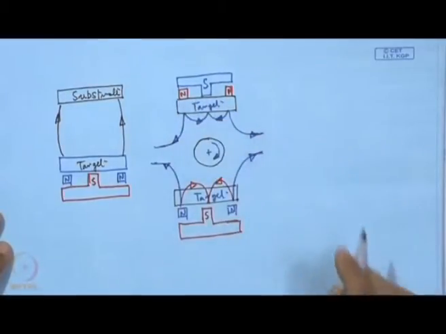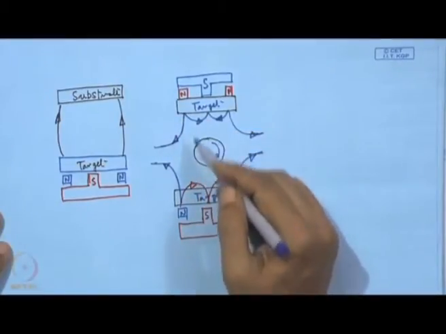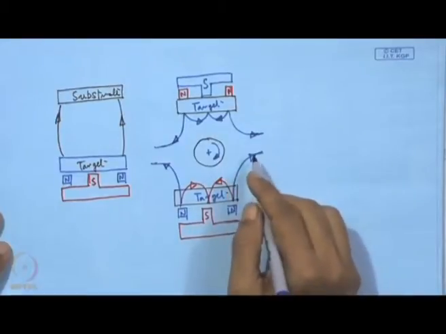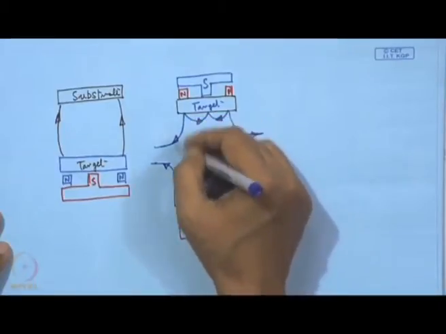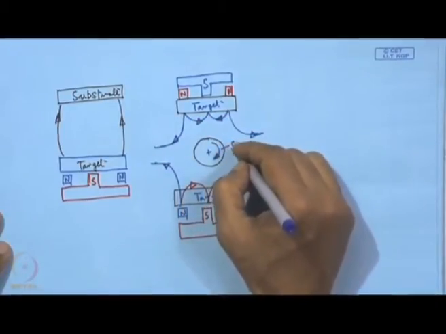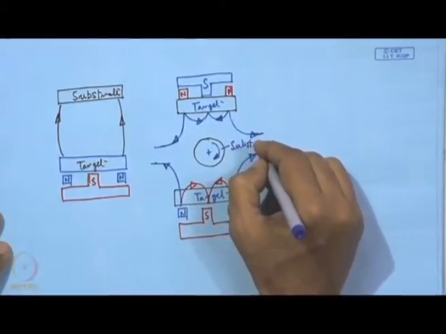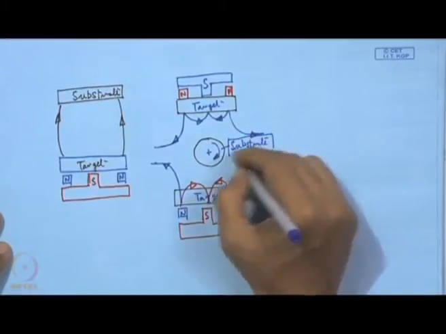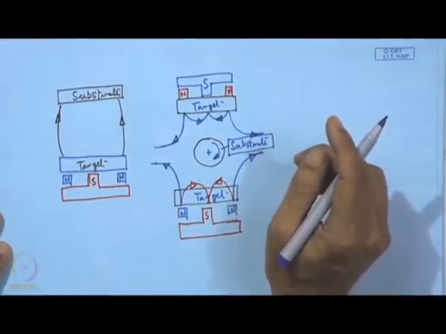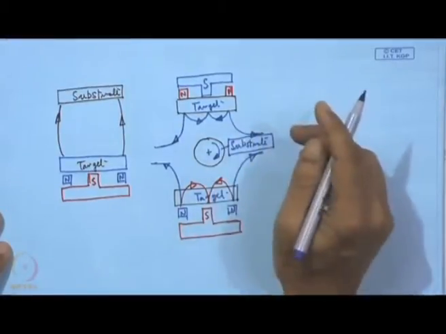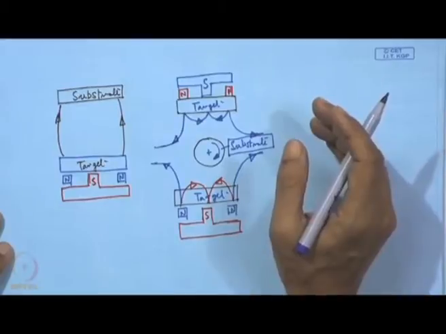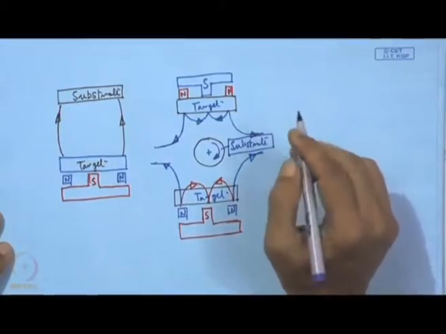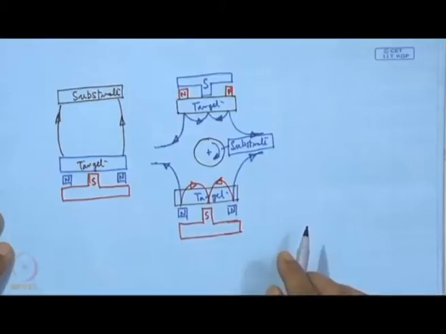North pole means the ring magnet, that is stronger than the central one, but they are opposite to each other, and in this case the plasma volume within which this substrate is placed is not subjected to a very high density plasma, rather it is a plasma volume having a low density, and the substrate ion current will be rather low in this case.